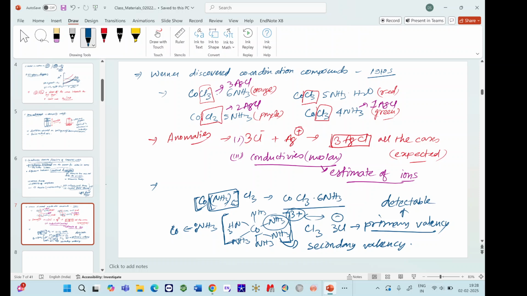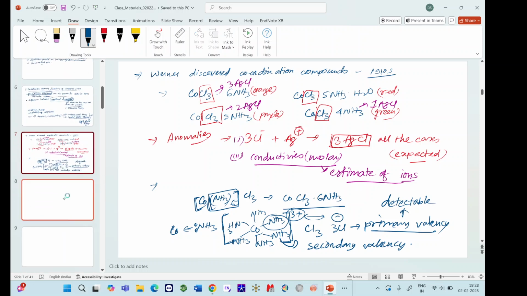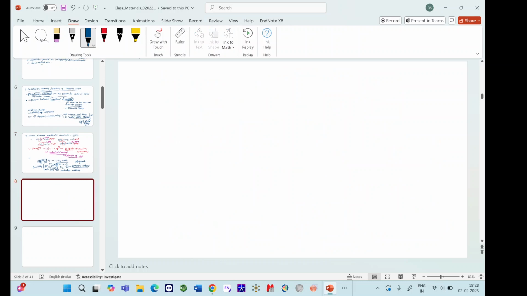For the other one, for this case, cobalt Cl3, 5NH3, this was staying this way, 5NH3 are coordinated and 1 Cl is inside.